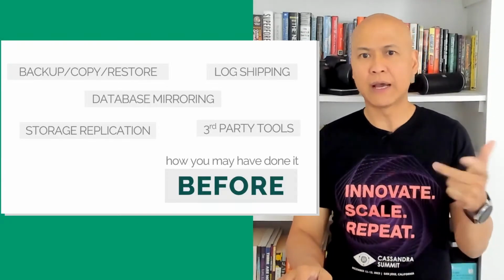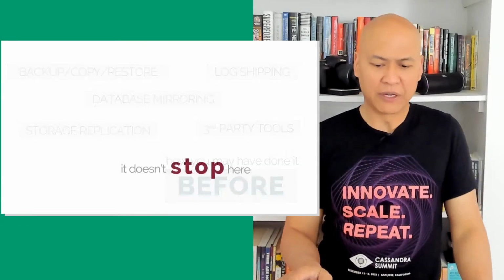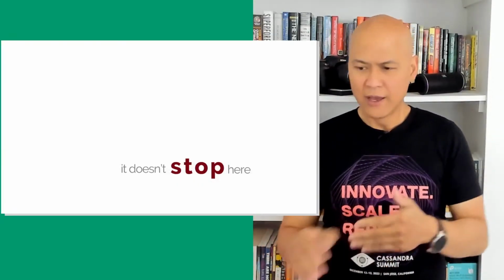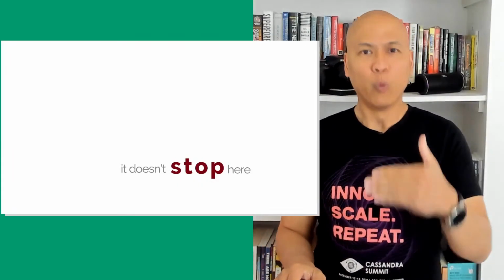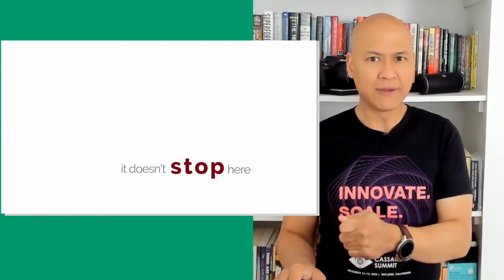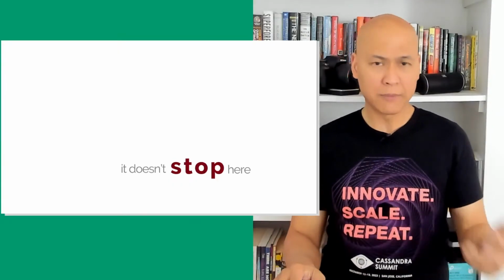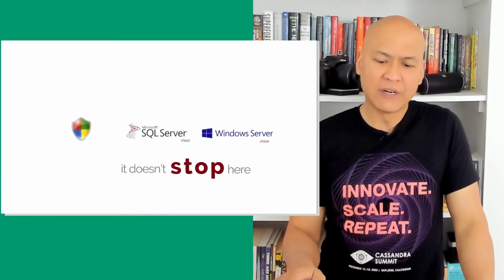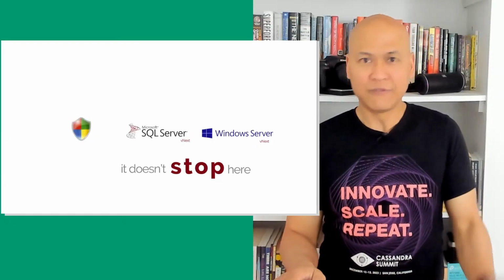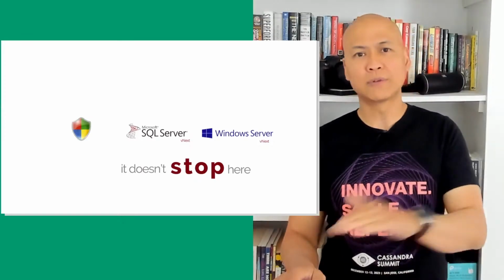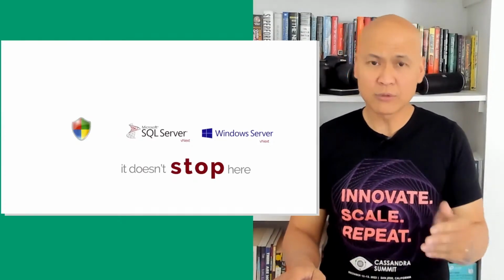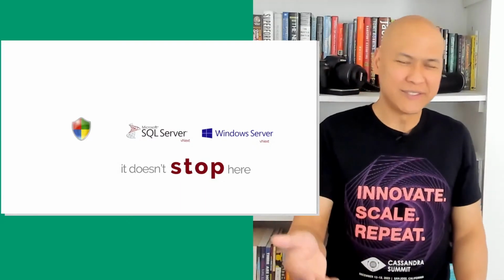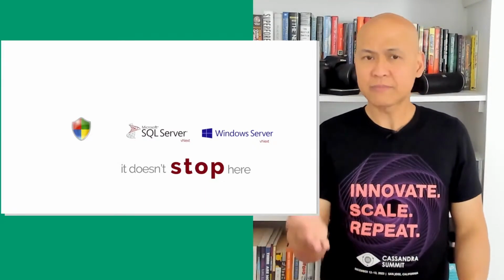Destination, content, identification, and availability. And here's the reality though, it doesn't stop here, okay? We are waiting for SQL Server 2025 to come out. It's in CTP, or Community Technology Preview. So there will always be this notion of vNext. vNext for you might be SQL Server 2025, or vNext for you might be SQL Server 2022 if you don't want to jump into the latest and the greatest.